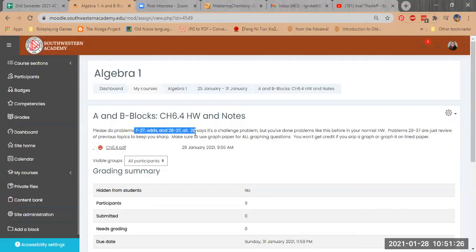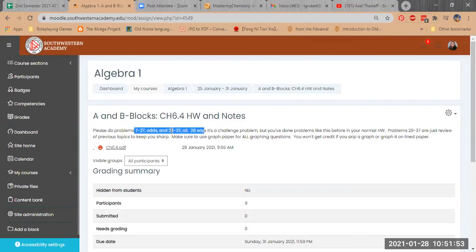You're going to do 7 to 27 odds, and 28 to 37 all. I did it odds because there's a lot of word problems, and you can see they take a lot of space. So 28 technically says it's a challenge problem. It's not. You guys have already solved problems like it on normal homeworks before. It just says it's a challenge problem because it's being fancy. It's not actually that bad.